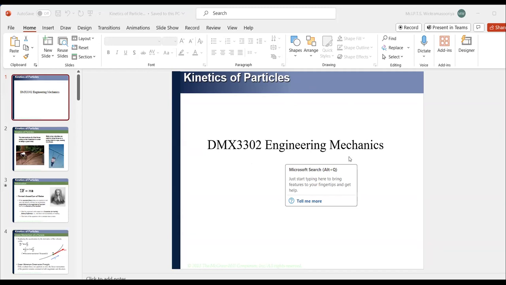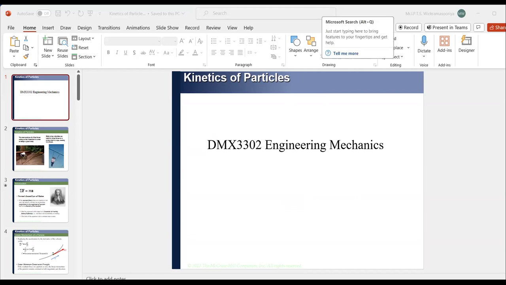In this year, the main focus is what causes the motion and how something moves within space. So generally, this subject consists of two parts.